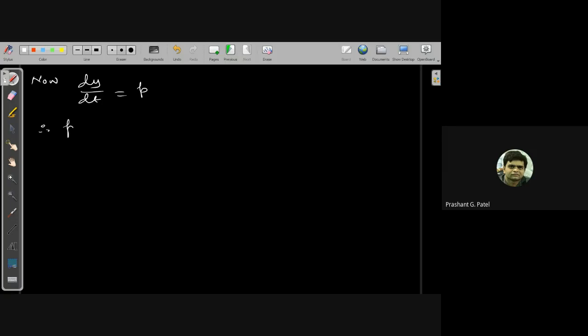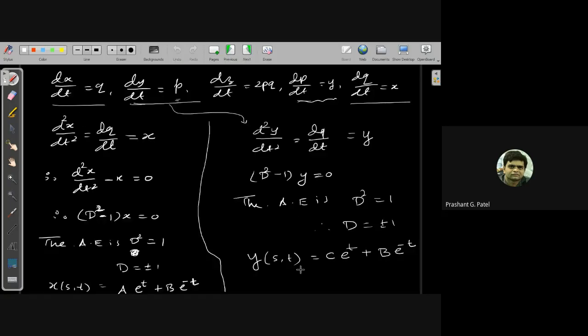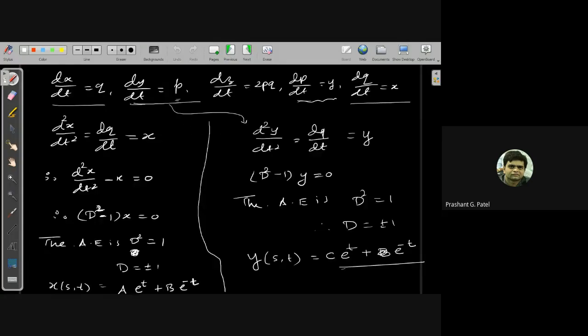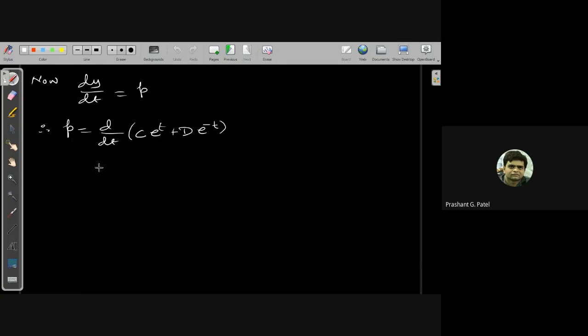So p equals d/dt of the value of y we already have. We substitute c e^t plus d e^(−t), which gives c e^t minus d e^(−t). So this will be the value of p.